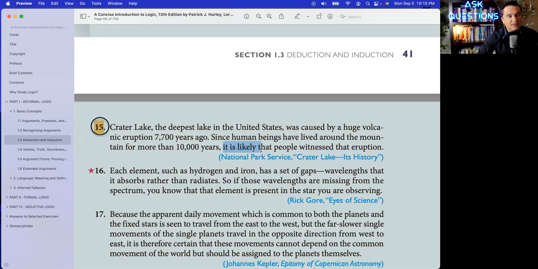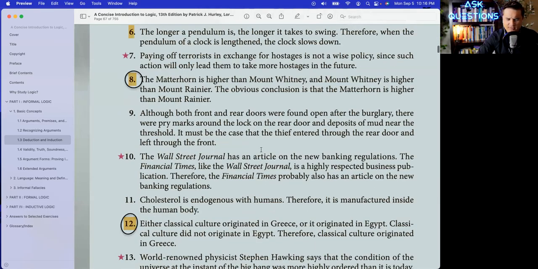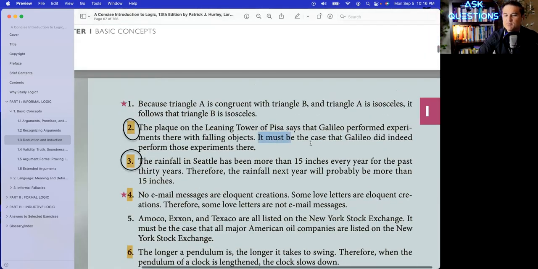You have to be careful. Phrases like that signal induction, probably inductive, but just be careful, because remember in one of the, I think it was the first one, we saw this phrase, it must be the case. And that sounds like deduction, but it wasn't.